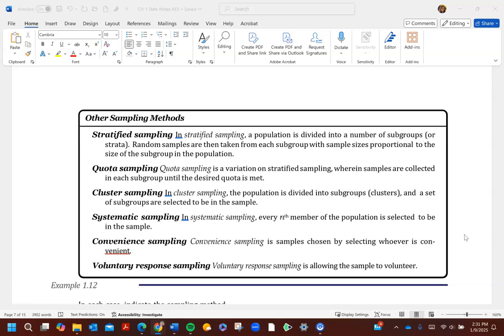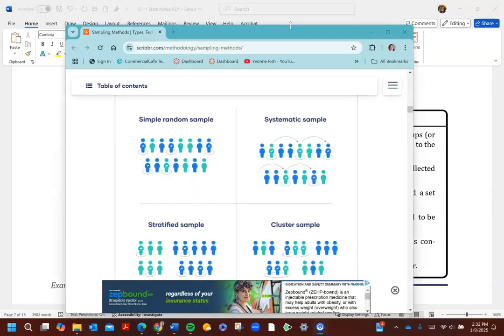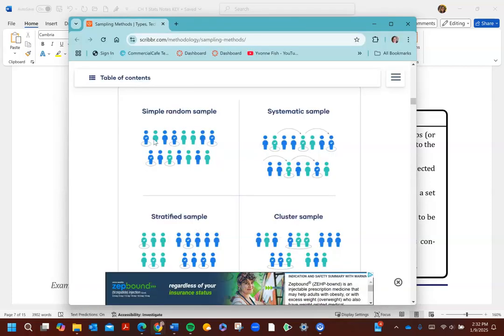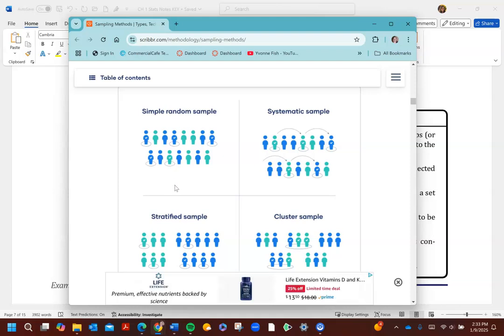I'm just going to show you a picture. So in this little diagram here, you can see simple random sample. It's kind of what we just did. You would take everybody on a number, throw them into a hat, or just randomly pick out of the hat, or do it on a random number generator of some sort, and you would have your sample.